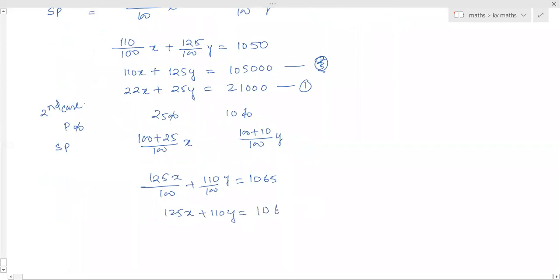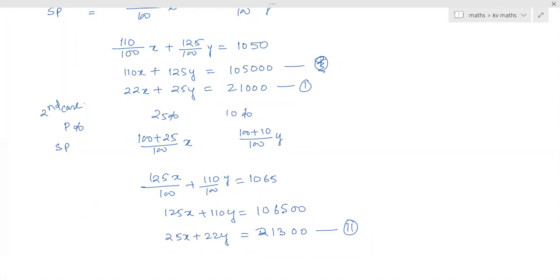This is equal to 106500. Divide with 5: 25x plus 22y is equal to 21,300. This is the second equation. Now solve these two equations by adding and subtracting, because it is the same equation with the coefficients of x and y exchanged. Is it clear? Yes, ma'am.